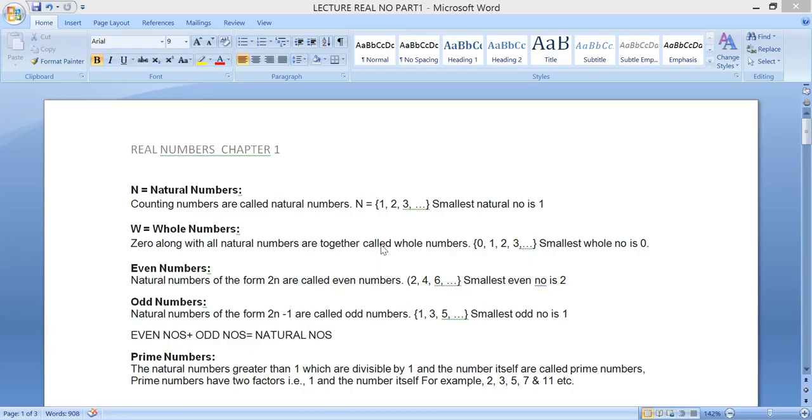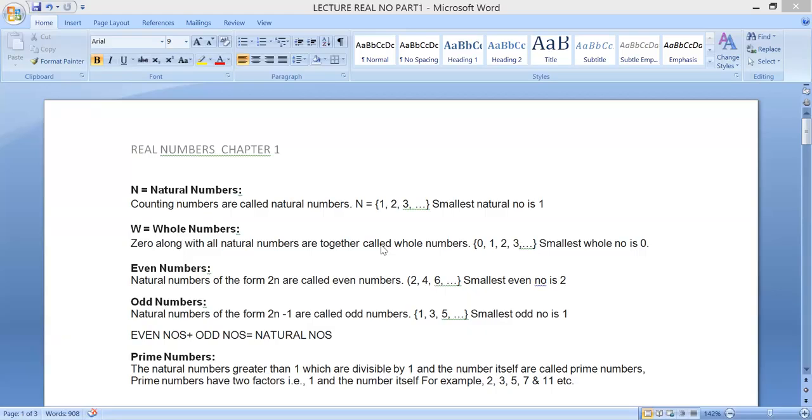The smallest natural number is 1. If somebody asks you which is the smallest natural number, you will say the smallest natural number is 1. Now if I ask you the largest natural number, there is no end of the natural numbers, because after 1, 2, 3, I have put dots. Dots mean so on.